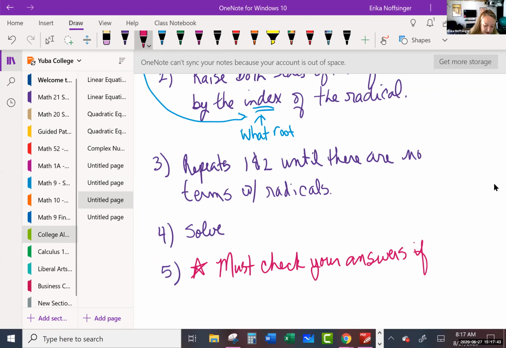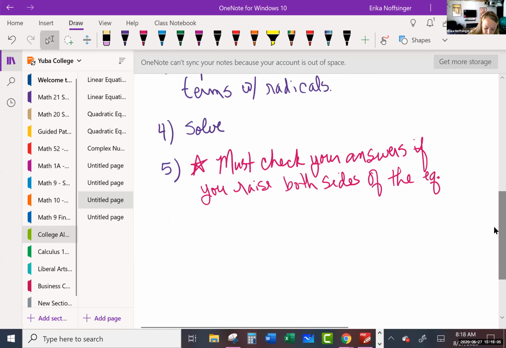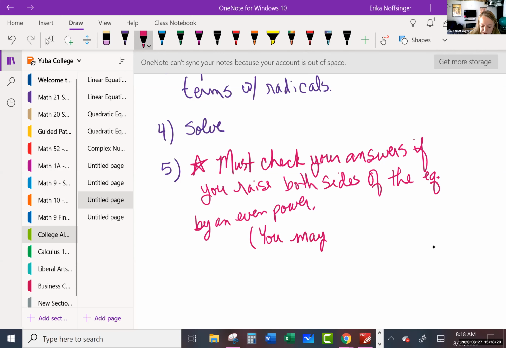If you raise both sides of the equation by an even power, you may get what is called extraneous solutions.